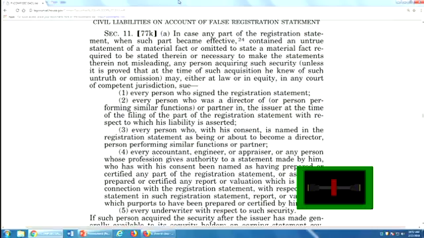Susan is a director. She's an investor. She's not a specialized director in that she's not a lawyer or an accountant. Is Susan entitled to rely on the expertise portion of the registration statement and not conduct any further investigation? Who says yes?